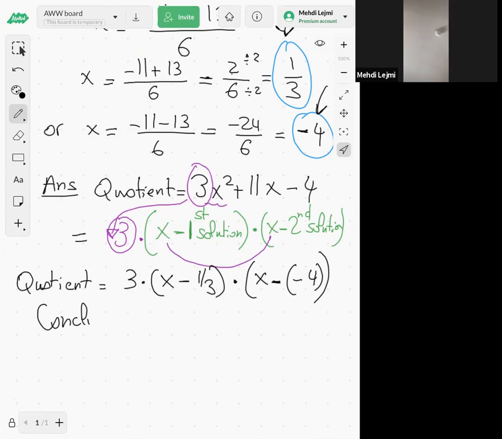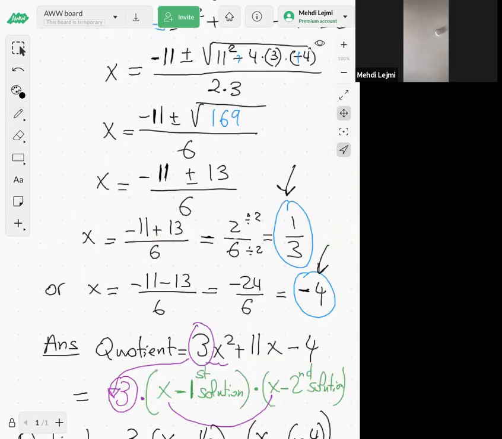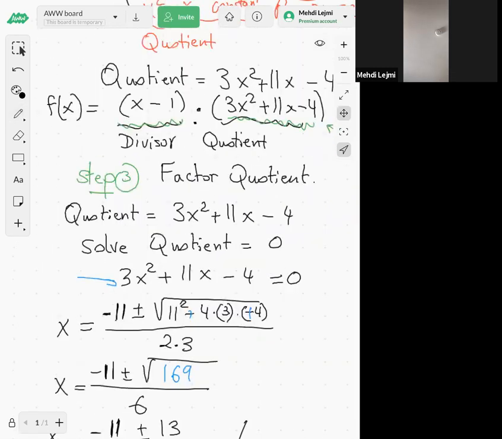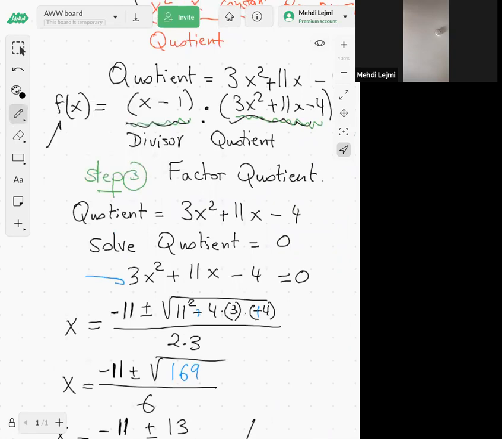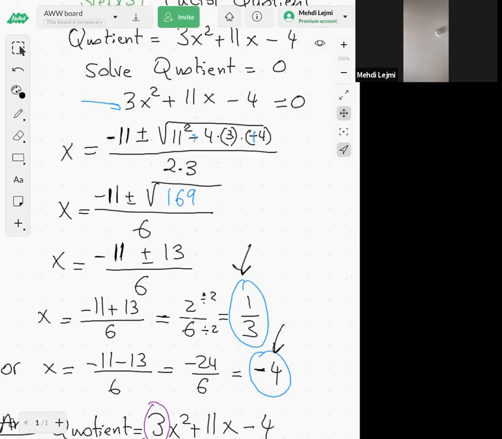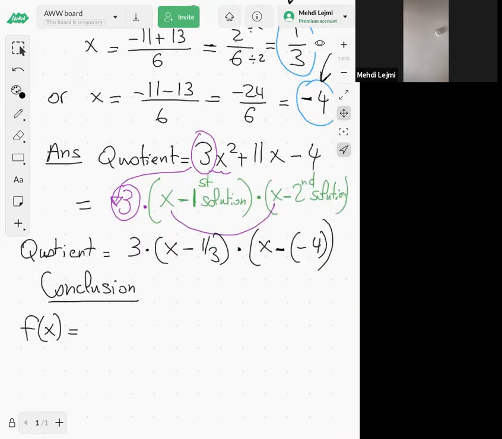So the complete factorization of f of x. Remember, at some point in step 2, we said f of x is equal to x minus 1 times my quotient, which is 3x squared plus 11x minus 4.